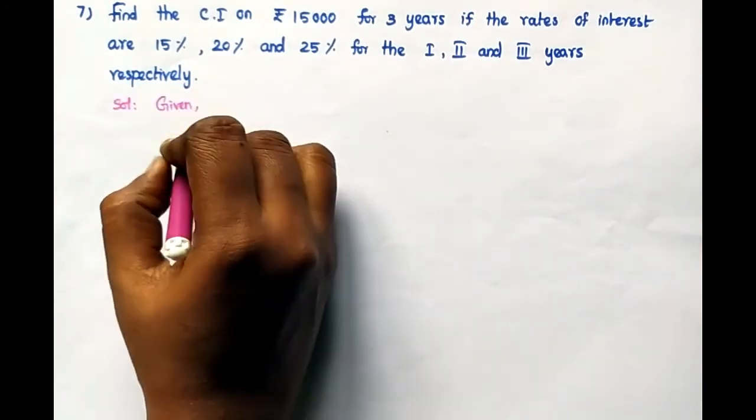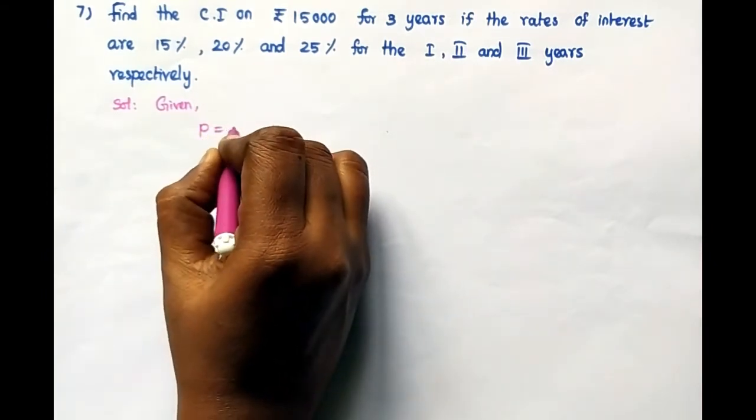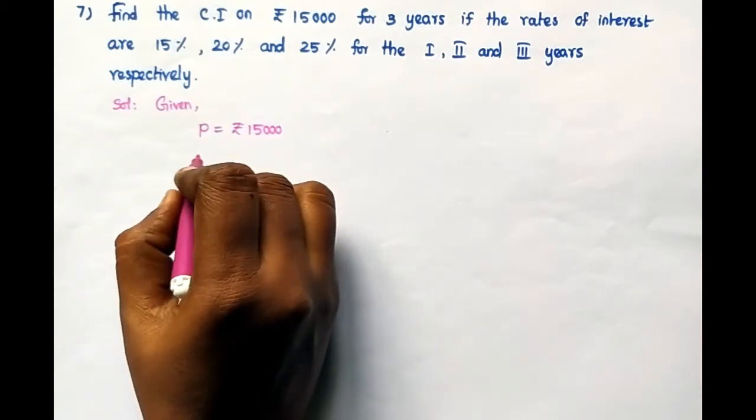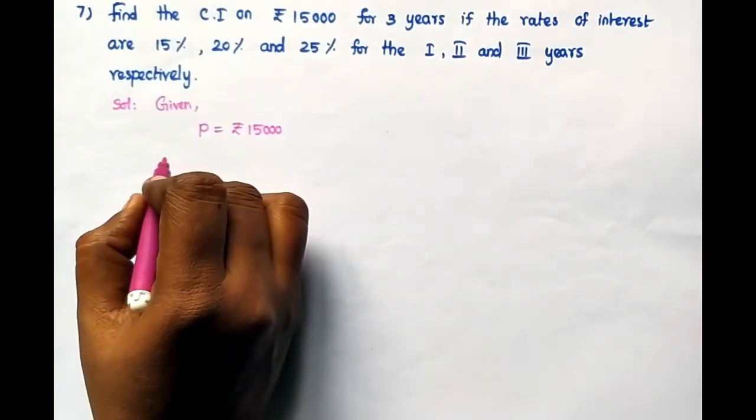Write down what they given. Principal rupees 15,000 and rate of interest.